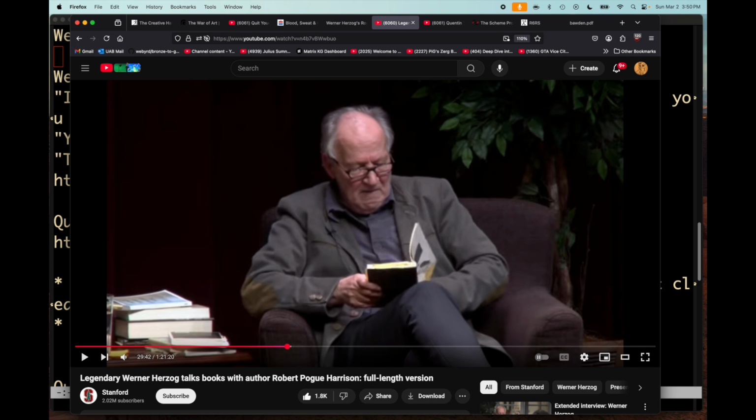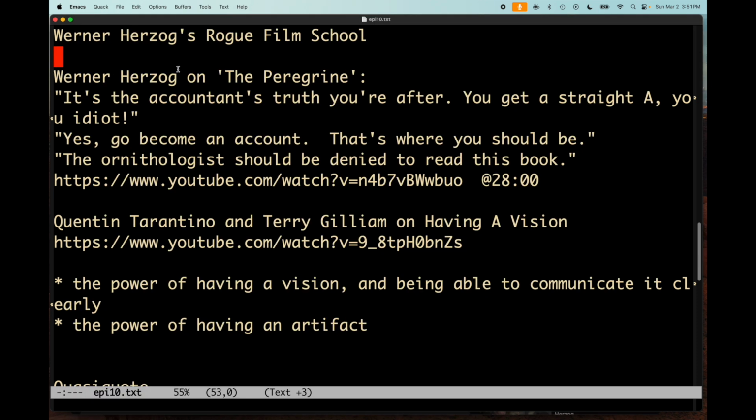And Herzog just loves this book. The book has been criticized by some ornithologists as containing some inaccuracies. And Herzog's response is great. It's the same response he gives people about film.